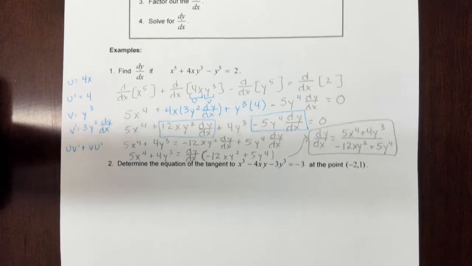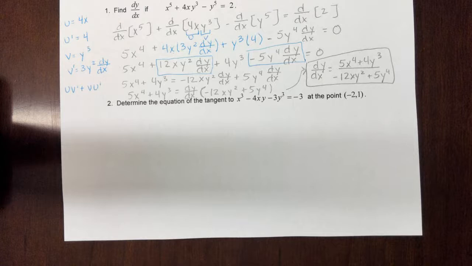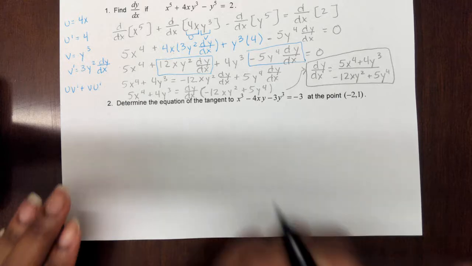So now we're going to use implicit differentiation to determine the equation of a tangent at the point negative 2, 1. So the first thing we want to do is implicitly differentiate x cubed minus 4xy minus 3y cubed equals negative 3.